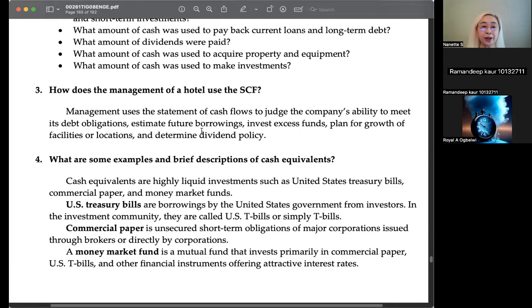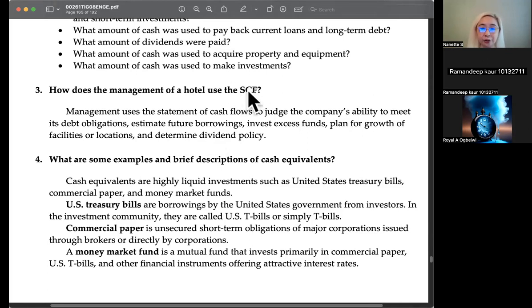So you need to estimate how much would be your future income earnings. If you have a lot of net losses, that means you're not viable for any loans because you are a big risk. If I loan you money and you're not earning money, then that can be risky.